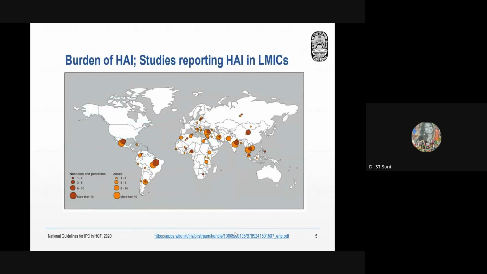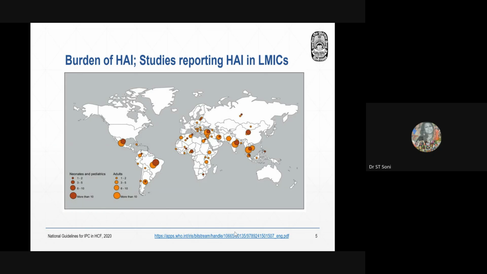So why should we discuss this topic? Why is this topic important? In LMIC, the low and middle income countries like our country, if you look at the burden, the large dots are there, even in pediatrics, with orange dots and large maroon dots.